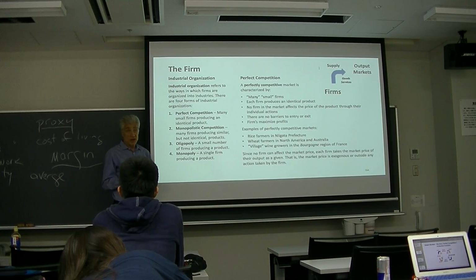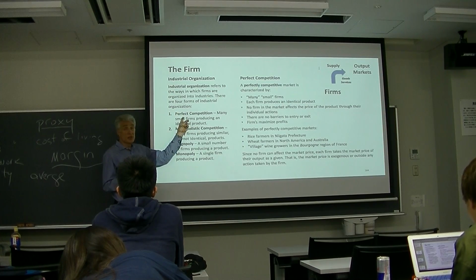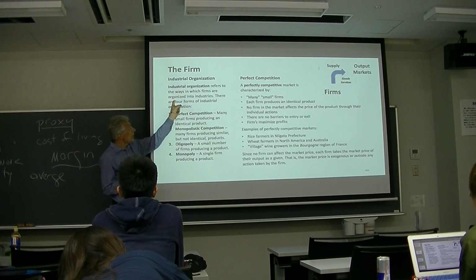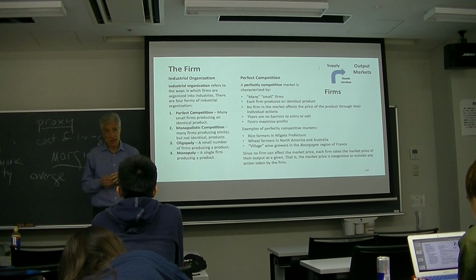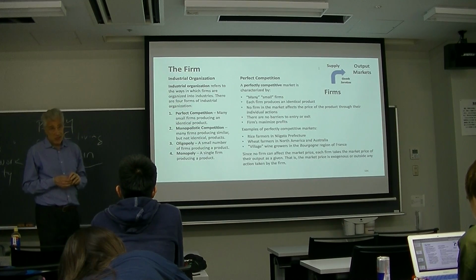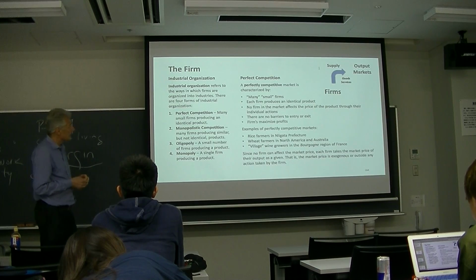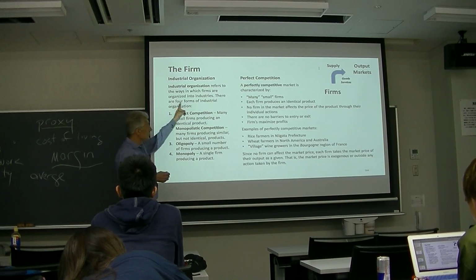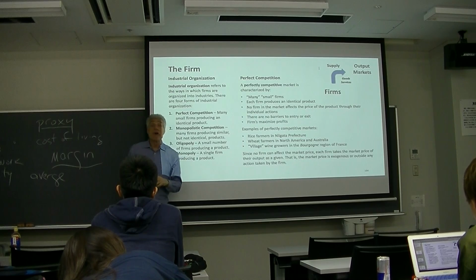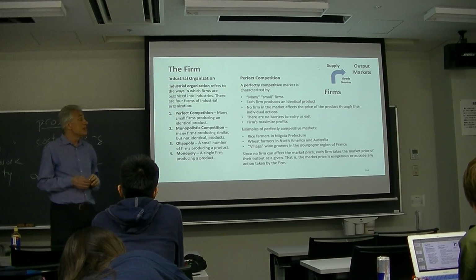But we basically have something called industrial organization. And in this semester, we're going to focus on perfect competition. Industrial organization is the ways in which firms are organized into industries. And there are four forms of industrial organization.